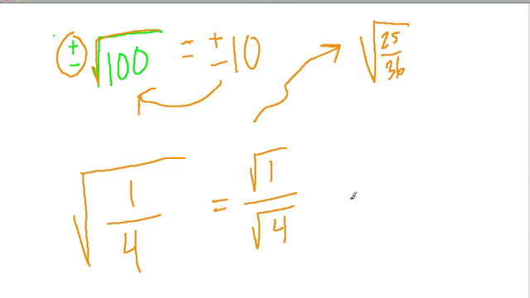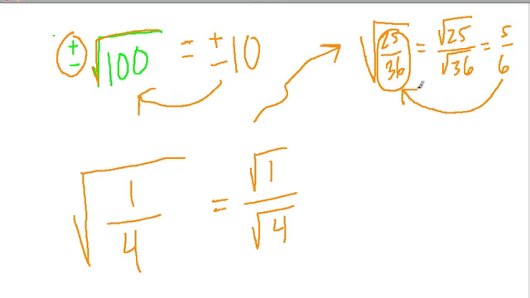That's going to be equal to the square root of 25 over the square root of 36, which is equal to 5 over 6. If we looked at this fraction as a whole, we could say what fraction times itself gives you 25 over 36, and that is 5/6. So whether we break it up into numerator and denominator and take the square root of both, or just take the square root of the whole fraction, we still get the same answer of 5/6.